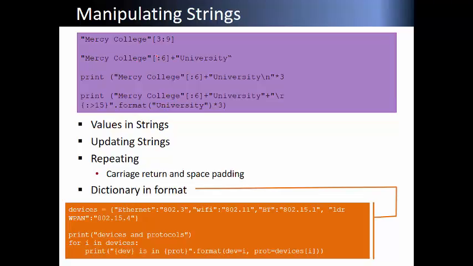Mercy College, and then :6 plus university. Then I want to take from the beginning till the index 5, so 0, 1, 2, 3, 4, 5, up to this. Okay, I take that. So from Mercy College, I take Mercy space, and then concatenate university. So if I do this, then it'll return Mercy University.